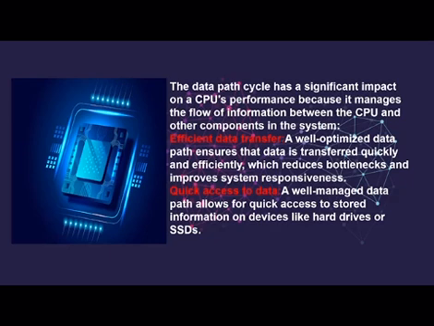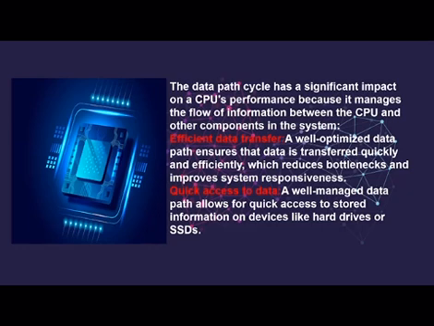Meaning, this data path cycle helps data transfer to be quick and easy, or as fast as well, which helps to prevent time waste, right? We don't waste much time to transfer data.